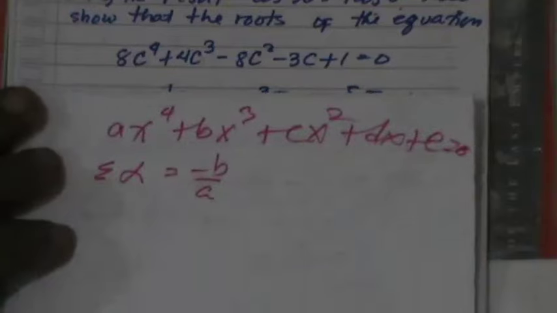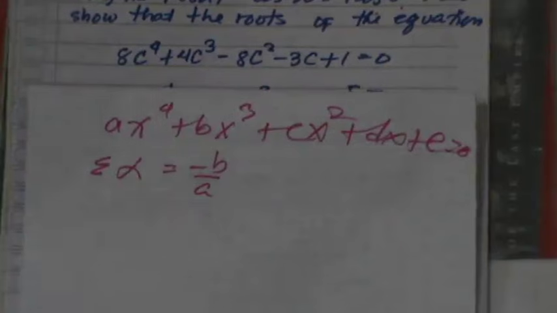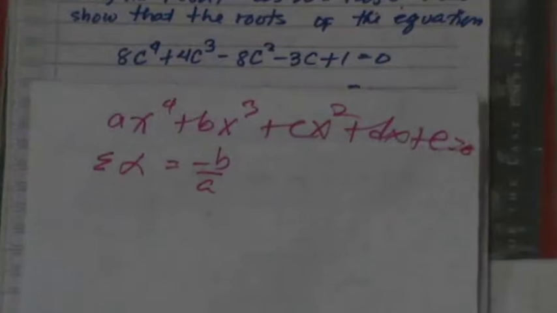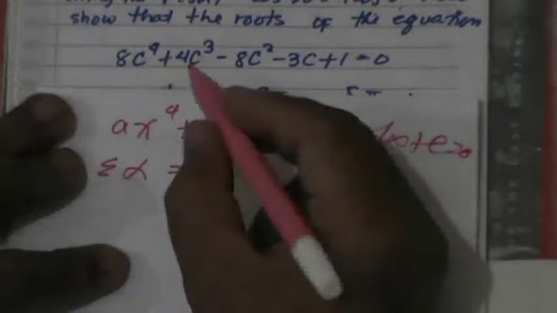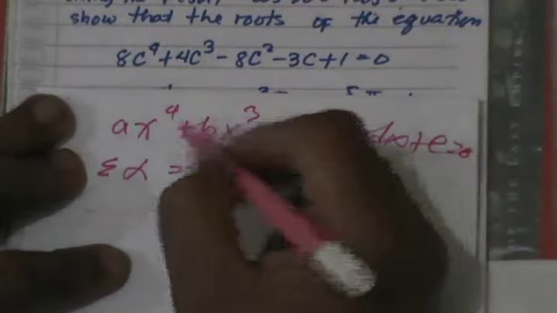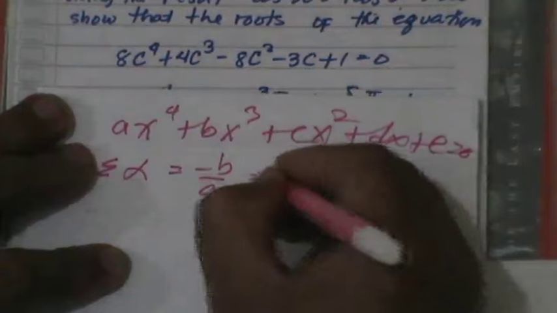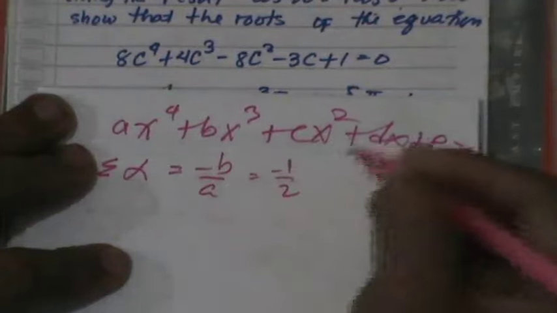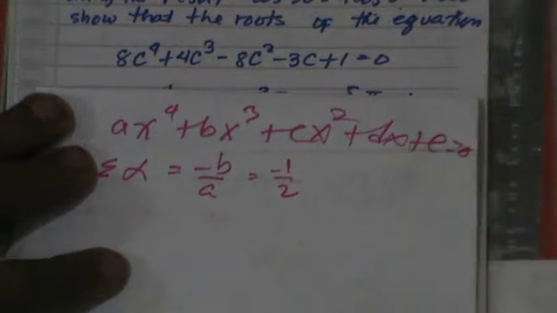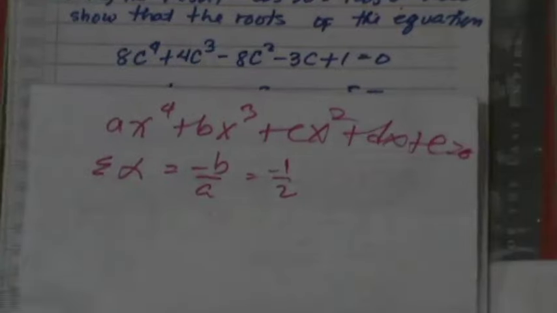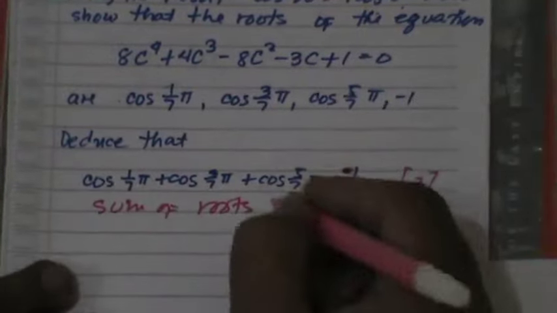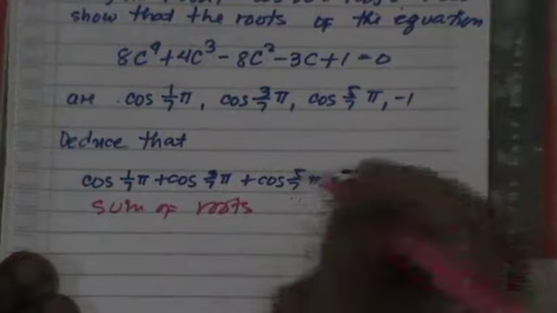Alright? And from here, you can see that your b is that 4 there, and your a is that 8 there. So therefore, the negative b over a is negative 1 over 2. Alright? However, so this is now negative 1 over 2.